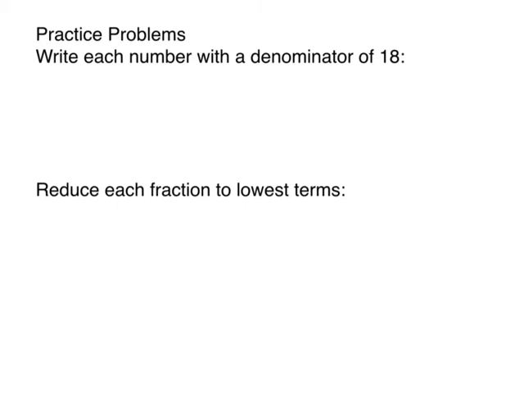Alright, so let's look at our practice problems. We have, I think, 6 practice problems. And the first set of directions says write each number with a denominator of 18. So A is the number 3. Well, 3 is a whole number, so I'm going to make it a fraction by putting a 1 underneath it. And it has to have a denominator of 18.